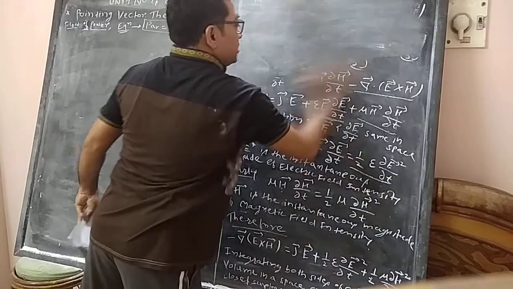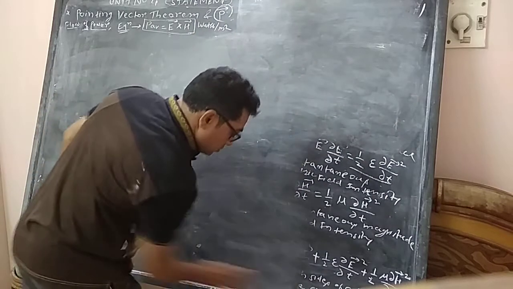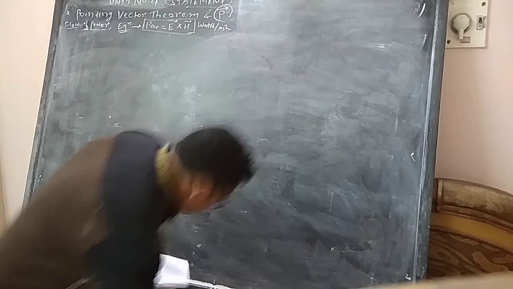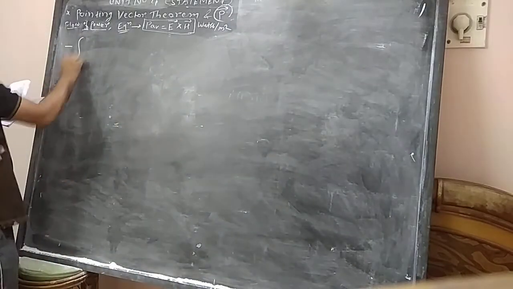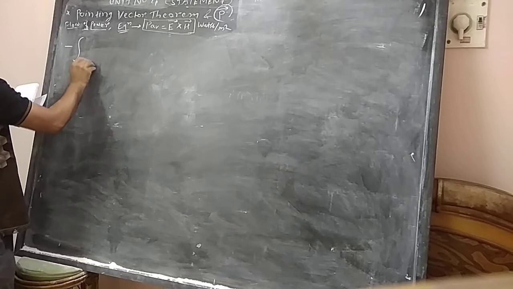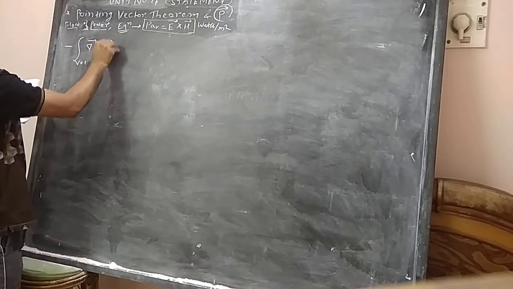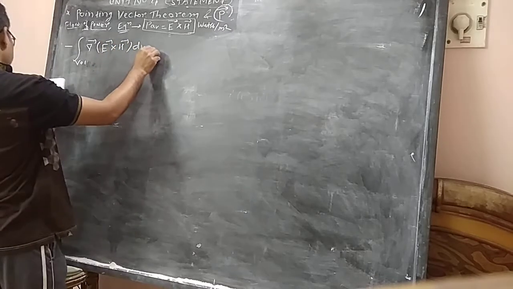I am just writing the equation here. So we get minus integration with respect to volume of del dot (E vector cross H vector) dV.